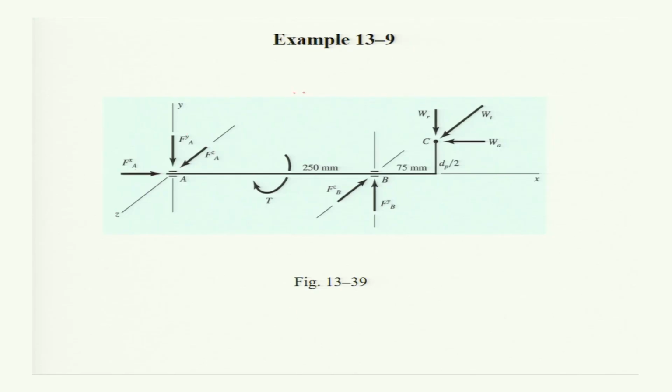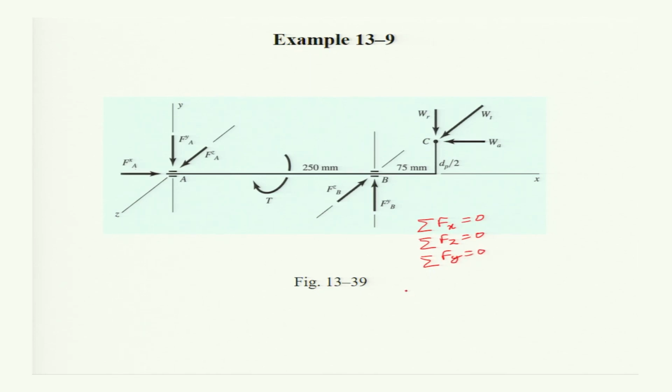Now, after drawing all these forces, our job is very simple. We will apply the static equilibrium equations: the summation of all forces in the direction of x should be 0, the summation of all forces in the direction of z is equal to 0, and the summation of all forces in the direction of y is equal to 0.